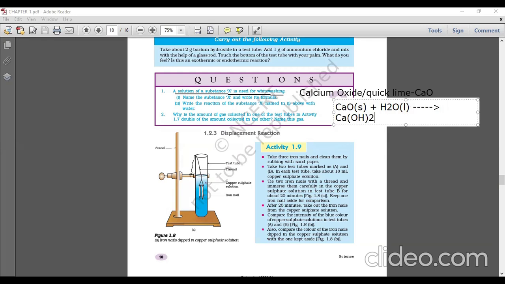It is in which state? It is in aqueous state, because it is dissolved in water and it produces heat. So this is an example of an exothermic reaction.